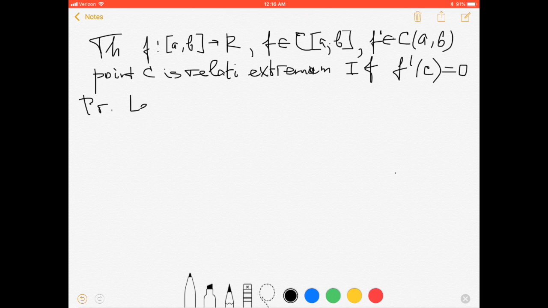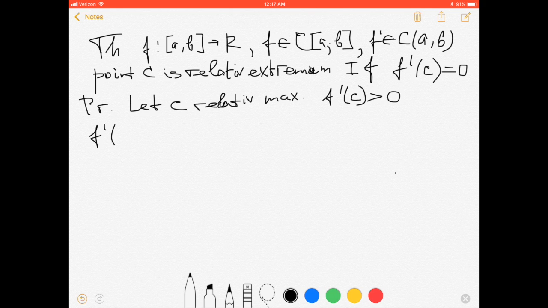Well, let's pretend c is a relative maximum, and pretend the derivative at point c is positive. Then use the definition of our derivative.